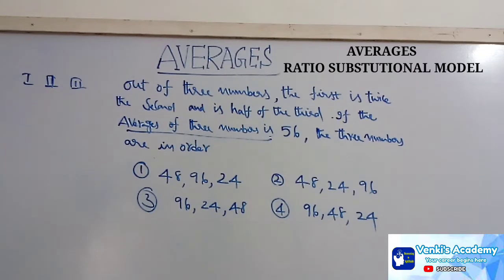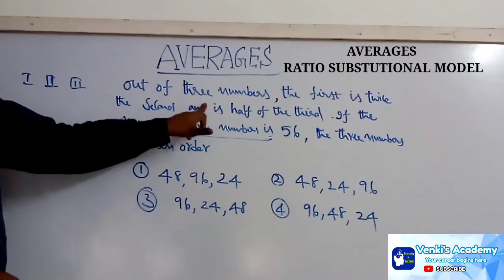Here they had given the 4 options also. For this type of problem we can use the calculations method, and at the same time we can use the trial and error method. So first we will do this problem using the calculations method. Let us see.